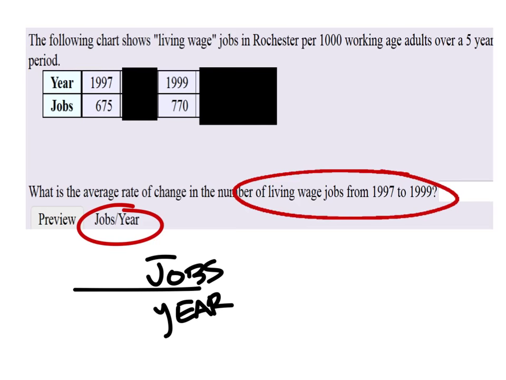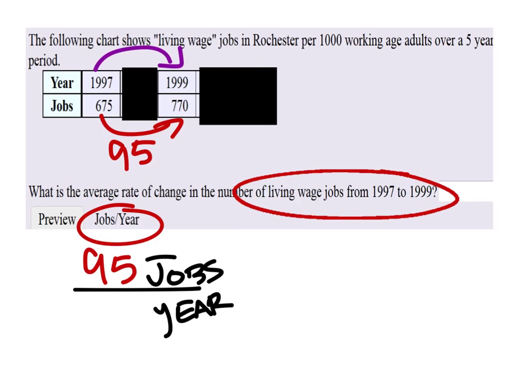So the jobs, let's look at the change in the jobs. It went from 675 to 770. I get that as 95. I can use my fingers. Should come out the same. So 95 jobs. And that happened in how many years? 97, 98, 99. Counting's hard. 2 years. Does that bother people?